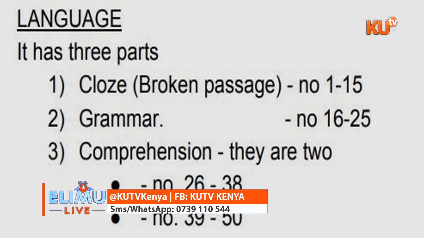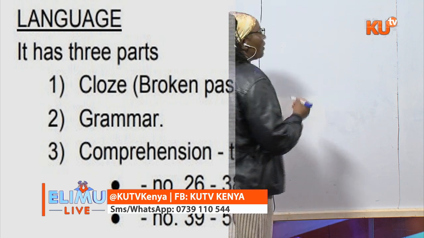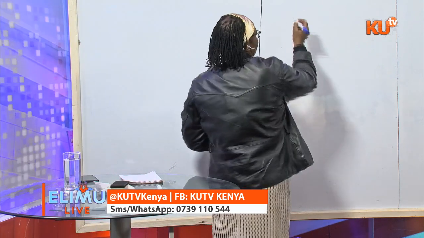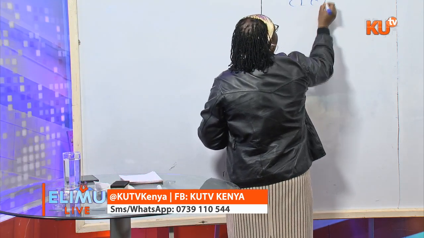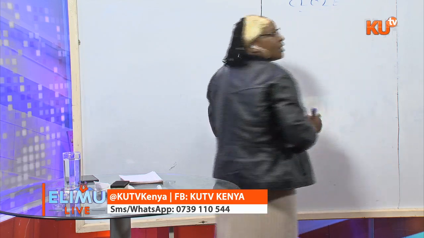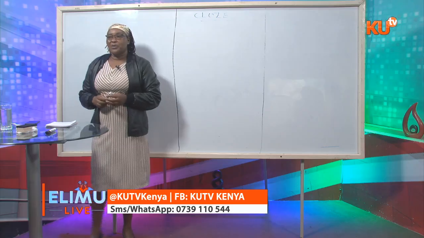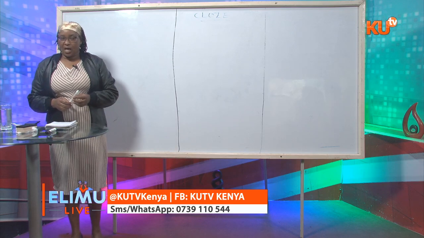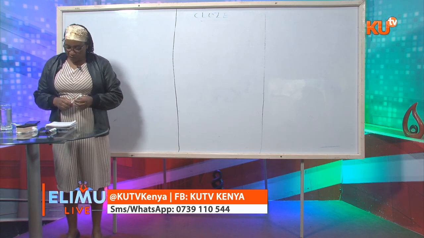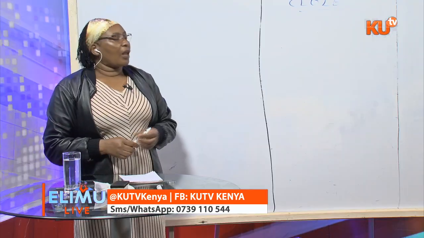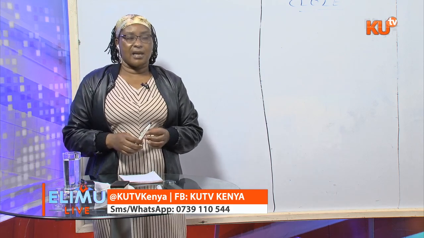To start with, we are going to talk about the clause or the broken passage. Now, the clause or the broken passage is numbered 1 to 15. It has blank spaces, as I have said, numbered 1 to 15.